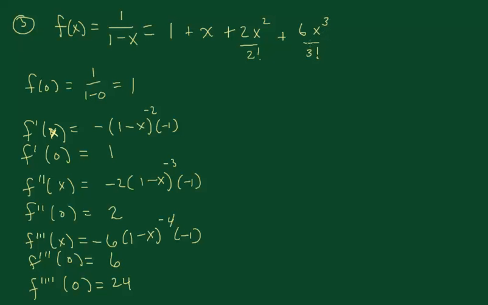The factorials and the power are fixed. It's just these coefficients that are unique to the problem. Plus 24 x to the fourth over 4 factorial plus dot dot dot.